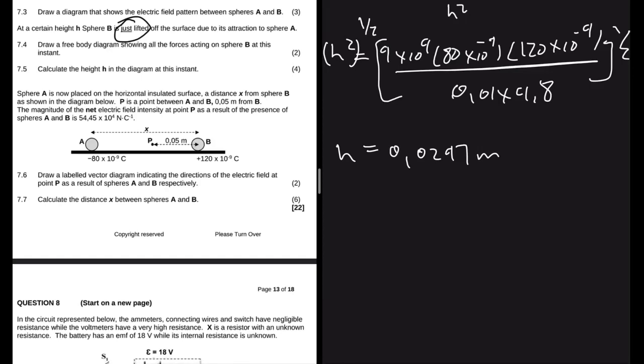And then 7.6 says draw a labeled vector diagram indicating the directions of the electric field at point P as a result of spheres A and B.